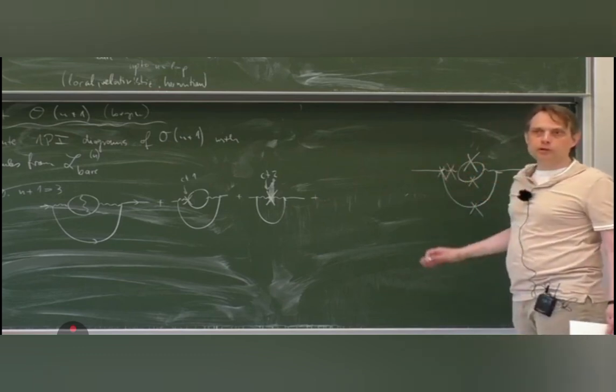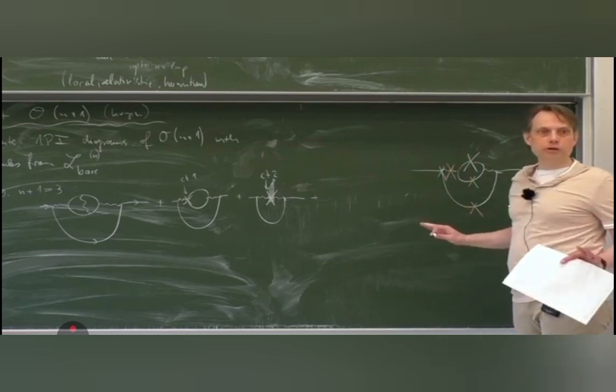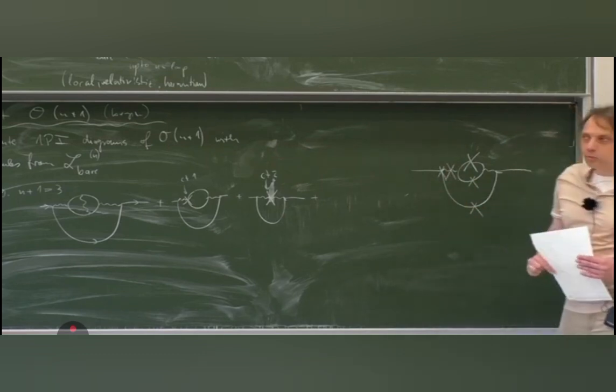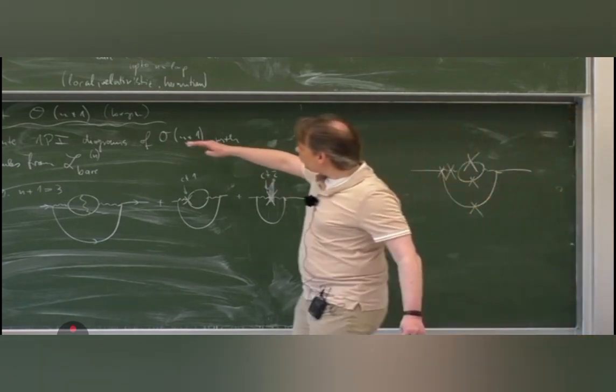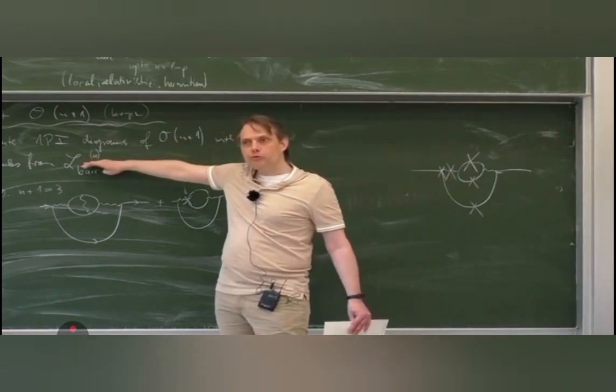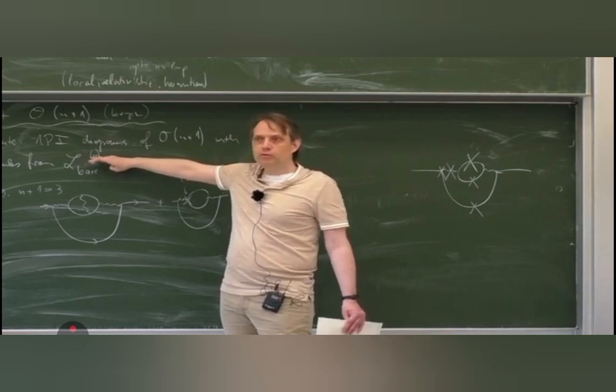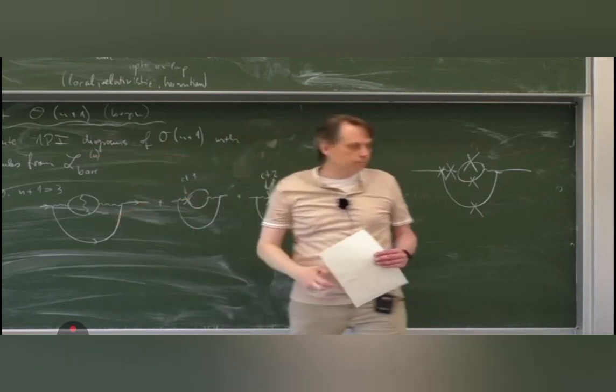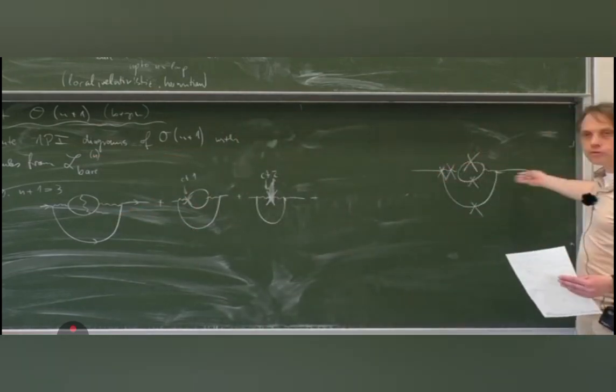There are many such diagrams and you need to add all of them. You must be complete. You must calculate all diagrams of this order using all Feynman rules from the previous iteration step. And there will be all such diagrams.